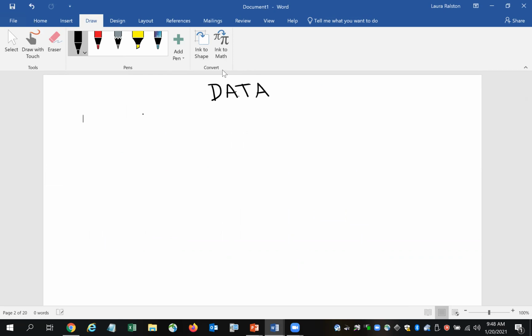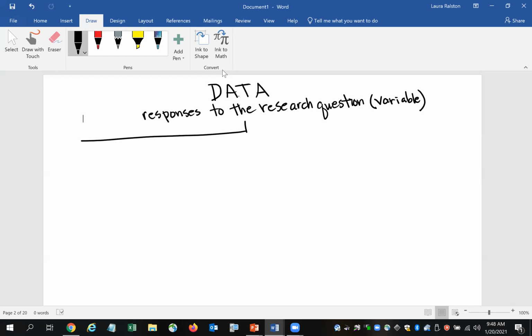And remember, data is the response, or the responses, to the research question or specifically to the variable. When you think about data in terms of type, there are primarily two different types of data. So I'm going to draw two different branches, sort of like a flow chart.